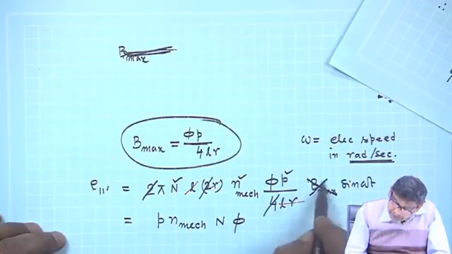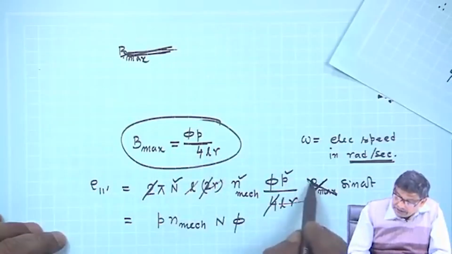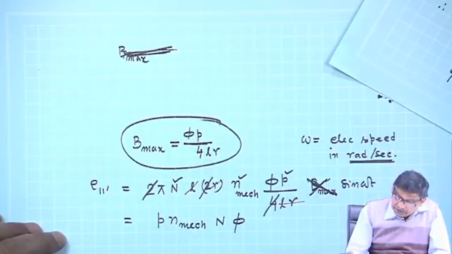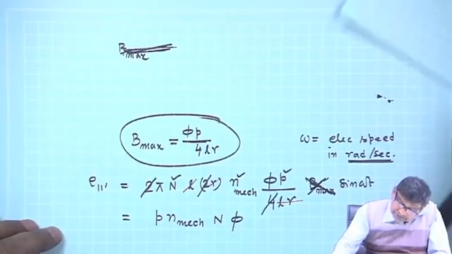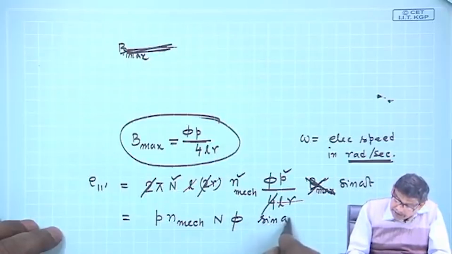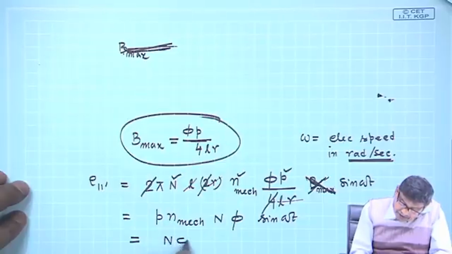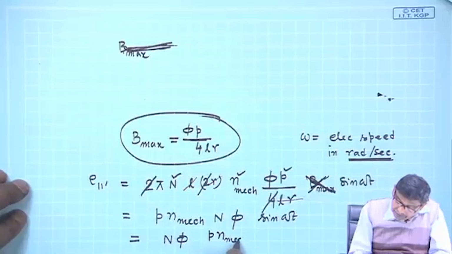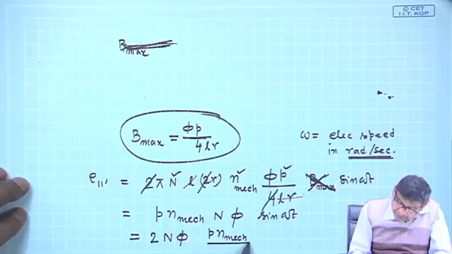I should not write B max because I have substituted B max by this. So, the extra B max I wrote must not be there in this line of derivation. So, this is the thing, and then sin omega t. Now, what I will do is this, I will write it like this, N phi, and this is P n mechanical, and I will multiply by 2 and divide by 2.